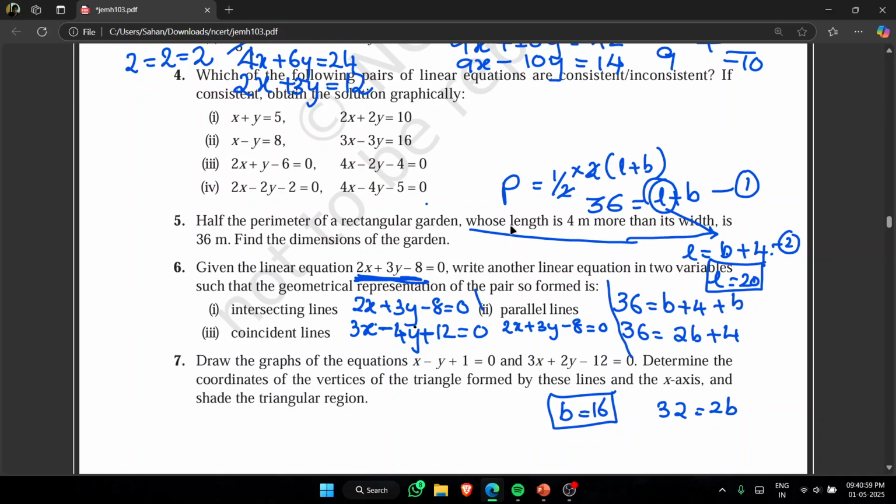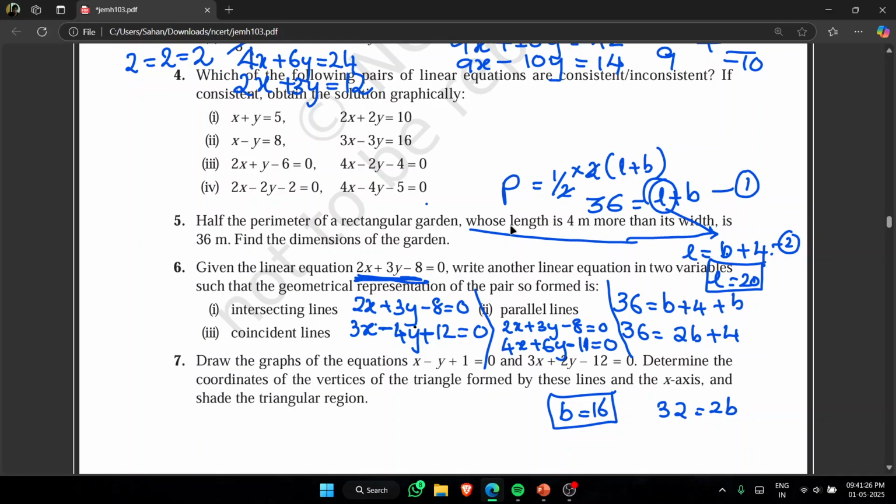So I will plan 4x, 6y, minus 10, or 11 I will make, better. Now see 1 by 2, 1 by 2 but not equal to 8 by 11. A1 by A2 equal to B1 by B2 but not equal to C1 by C2. So that is our parallel lines.